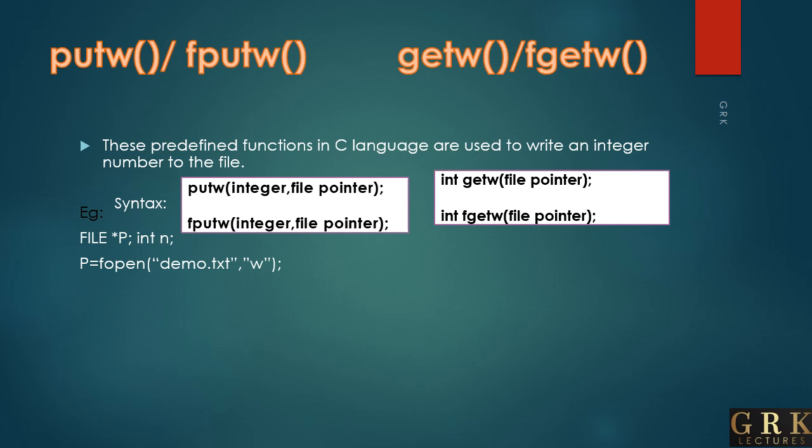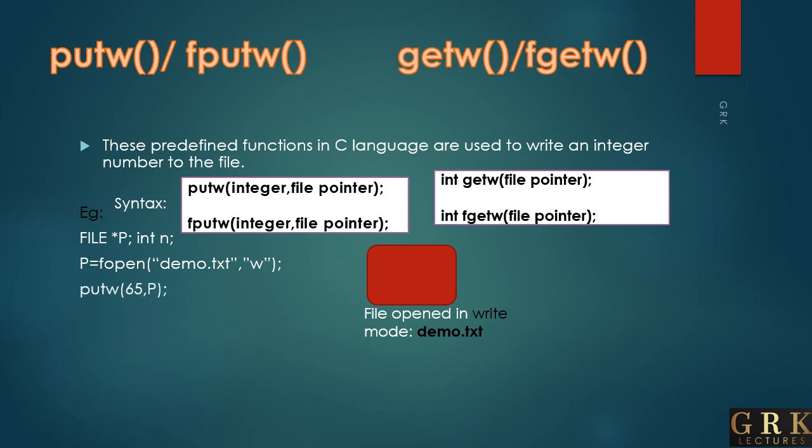When the fopen function successfully creates demo.txt, a file will be created with the name demo.txt in write mode.